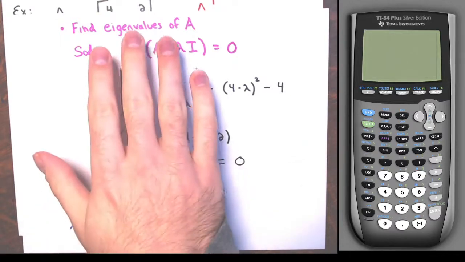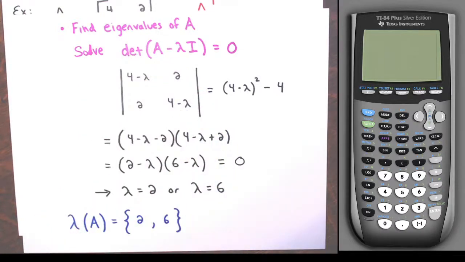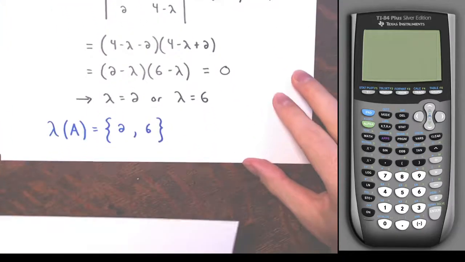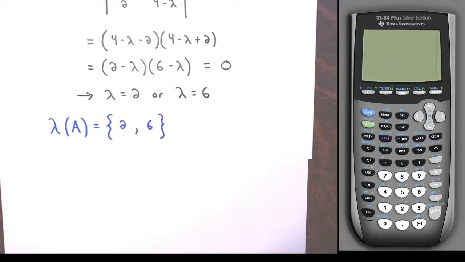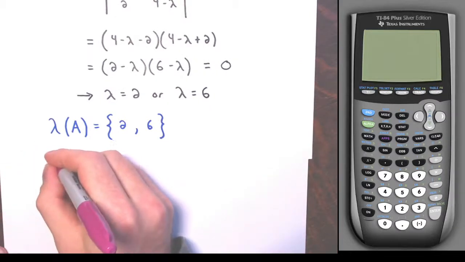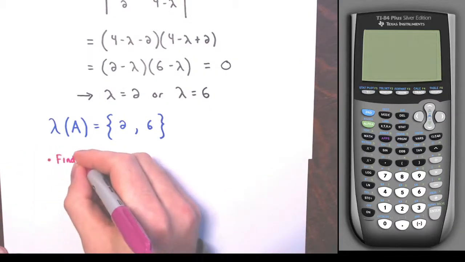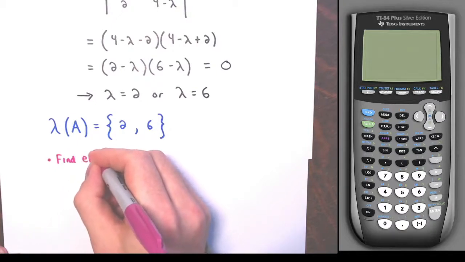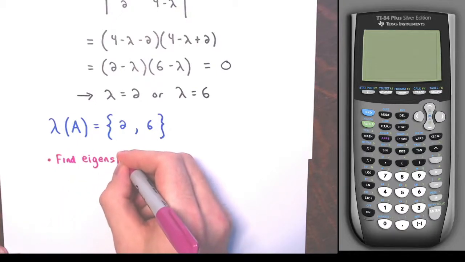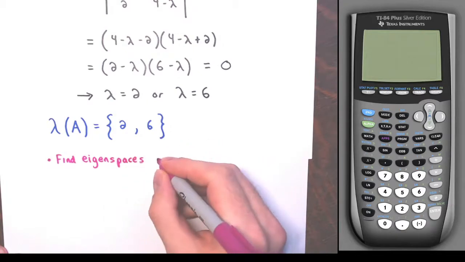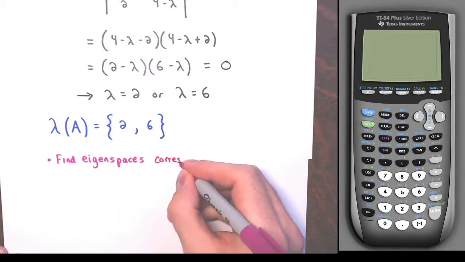So that's finding the eigenvalues of A, and then I need to find the eigenspaces, the eigenvectors corresponding to these eigenvalues. So the second part of the first step. So let's find the eigenspaces corresponding to each eigenvalue.